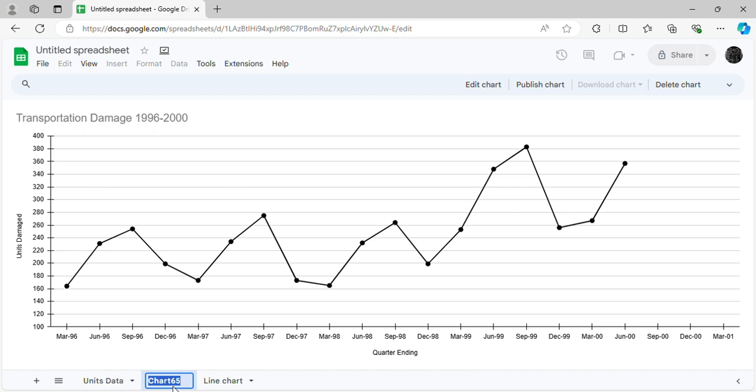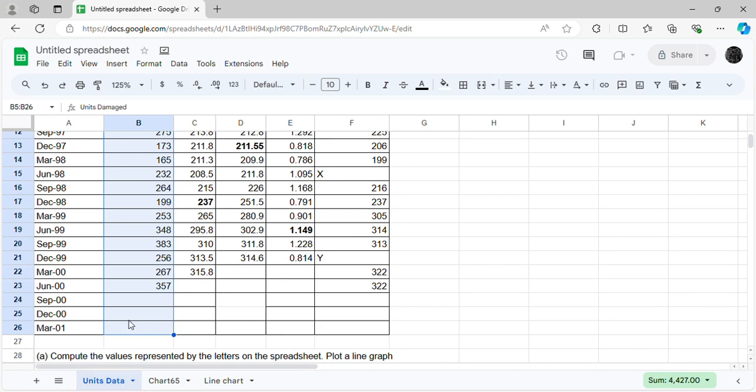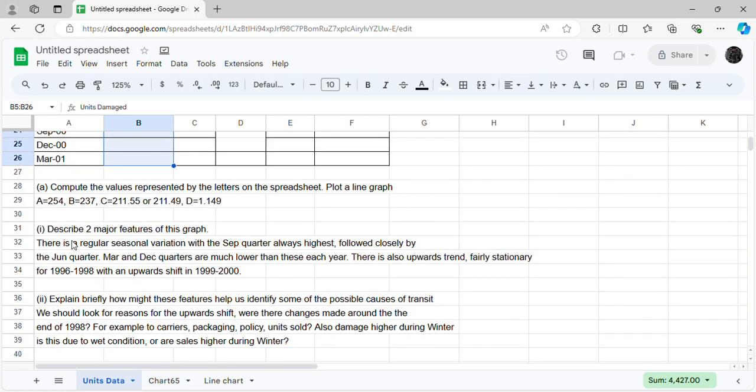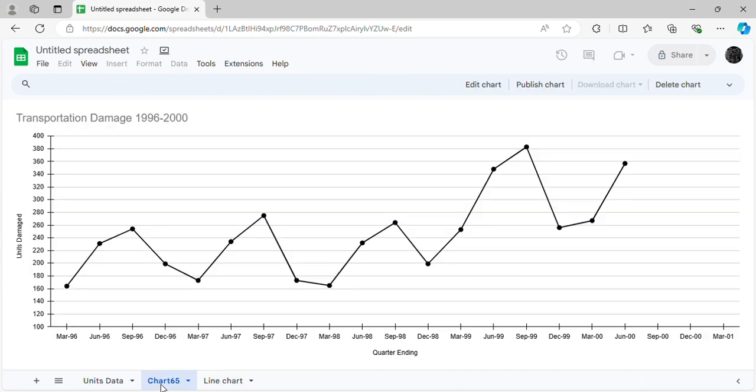And now let's check the next question. Describe two major features of this graph. Let's look at the graph. We see the peak levels at September of every year.